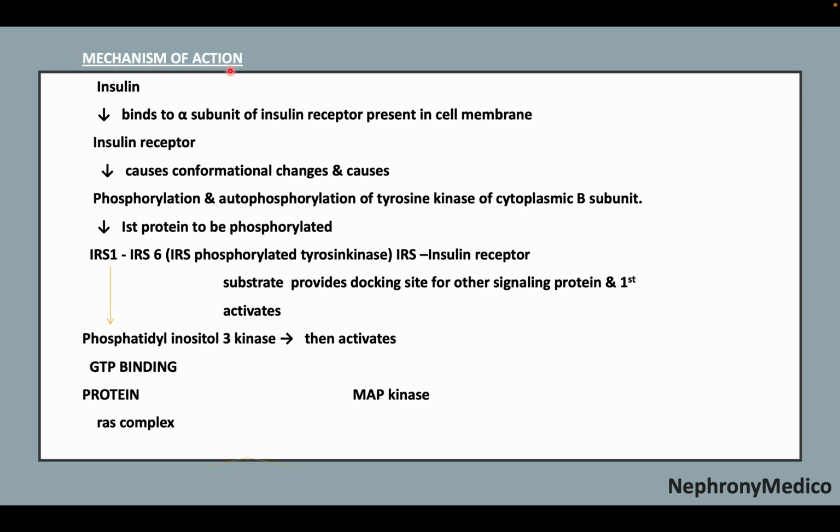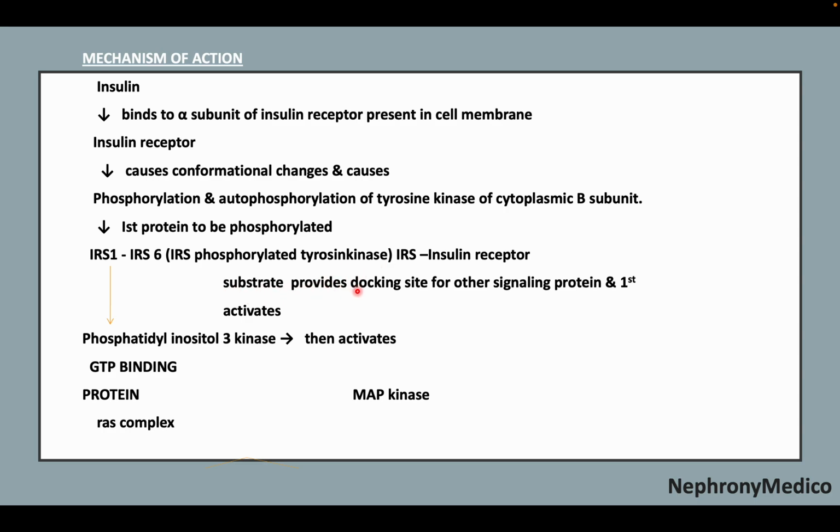Now, mechanism of action of insulin. The insulin binds to the alpha subunit of the insulin receptor present in the cell membrane, and it causes conformational changes and causes phosphorylation and autophosphorylation of the tyrosine kinase of the cytoplasmic beta subunit, and it is the first protein to be phosphorylated. There are insulin receptor substrate 1 and insulin receptor substrate 2 phosphorylated by tyrosine kinase.